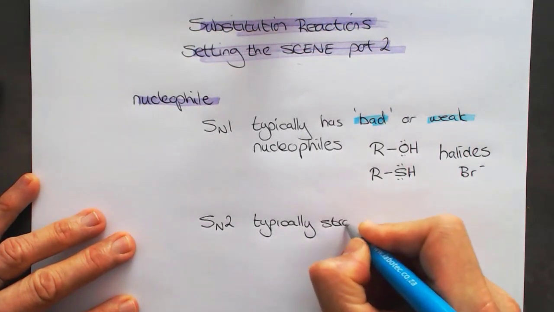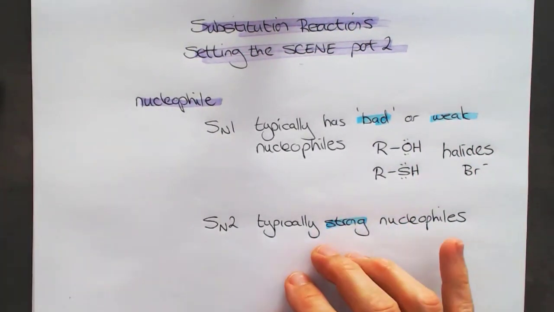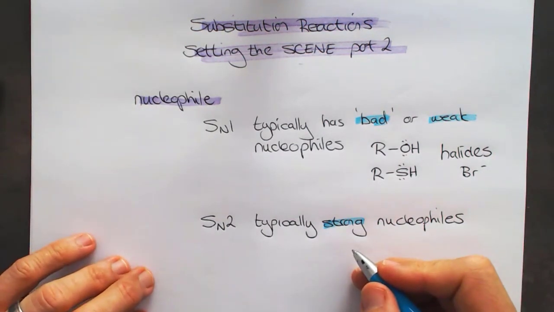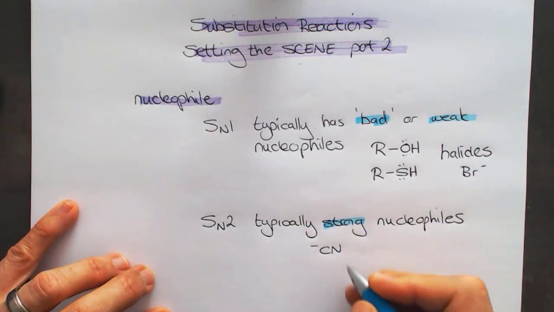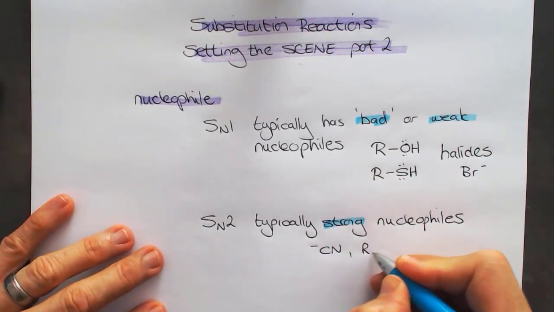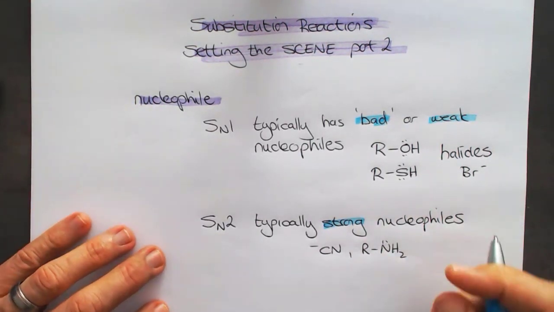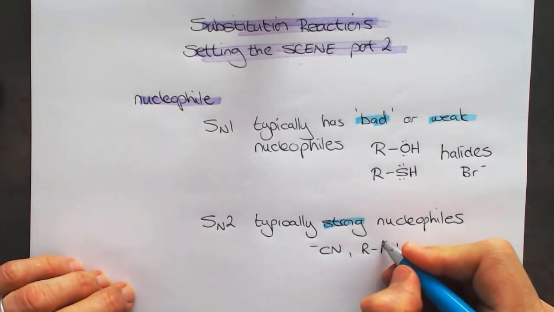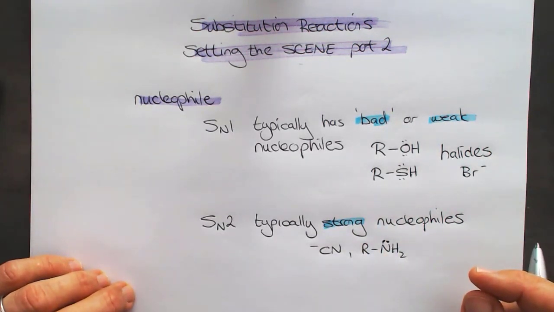Here we're looking at typically strong nucleophiles. A great example for an SN2 reaction would be a nitrile. We are also looking at our amines. Amines are excellent at doing substitution reactions. It actually becomes a bit of a problem, and we'll deal with that in a future lecture, I think.